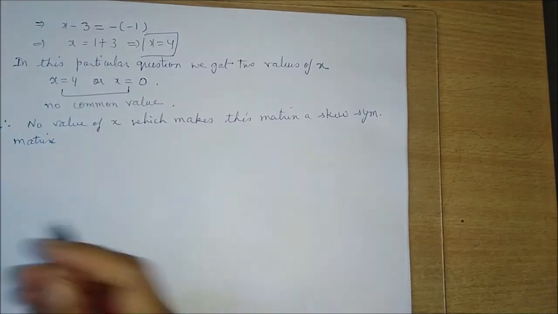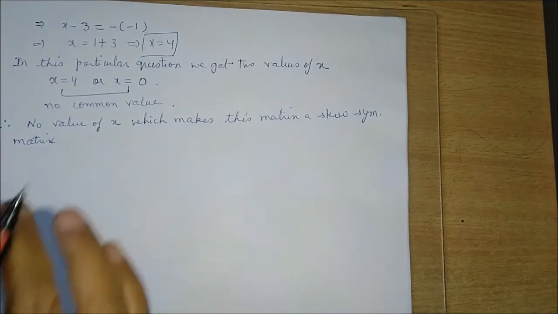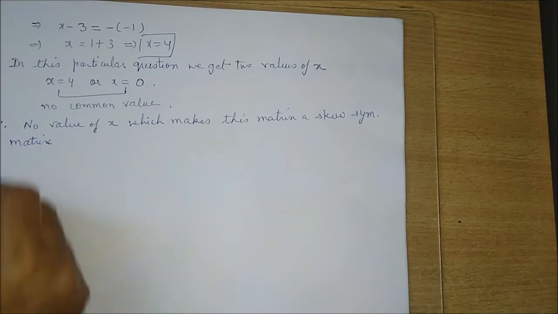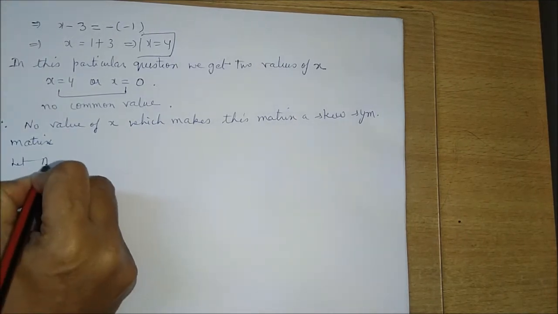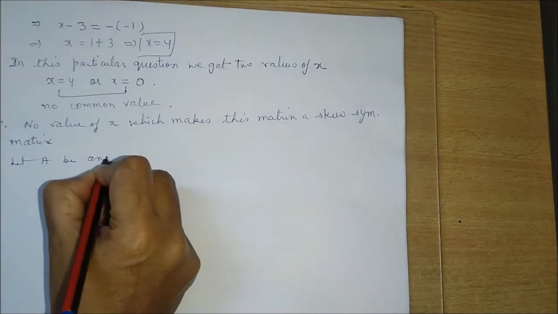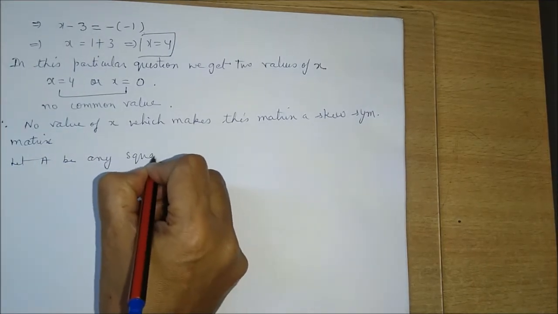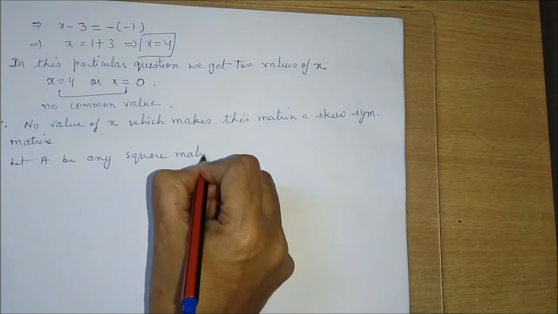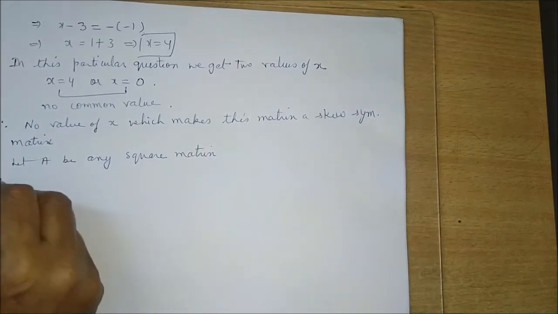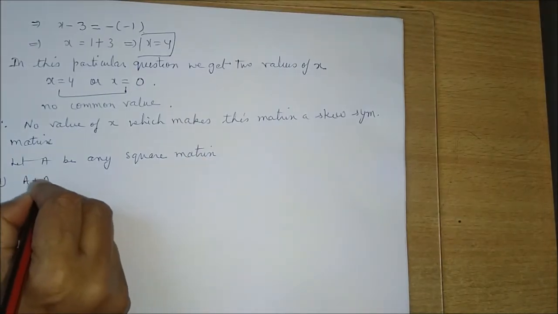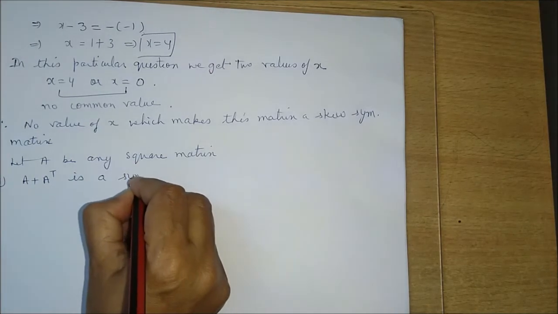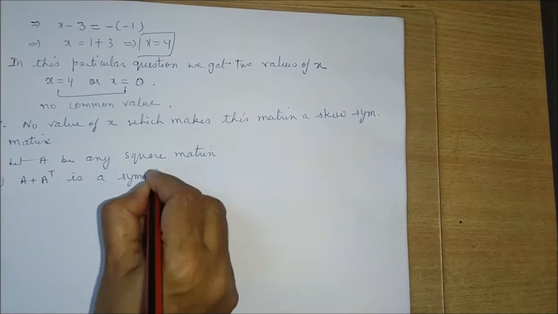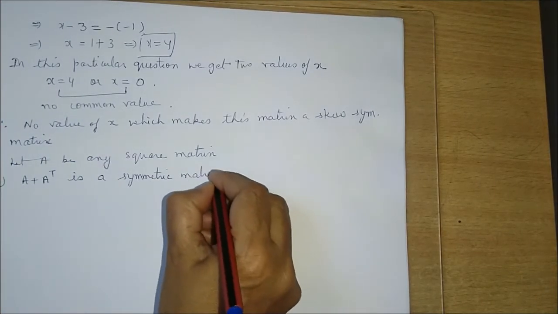Now there are some theorems also related to this symmetric and skew symmetric matrix. First theorem is, let A be any square matrix, then A plus A transpose is a symmetric matrix.